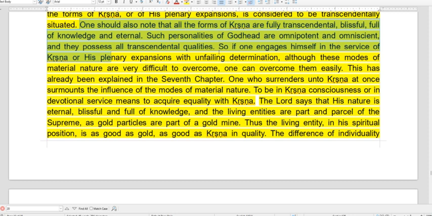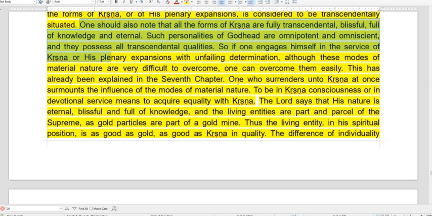So, if one engages himself in the service of Krishna or his plenary expansions with unfailing determination, although these modes of material nature are very difficult to overcome, one can overcome them easily.